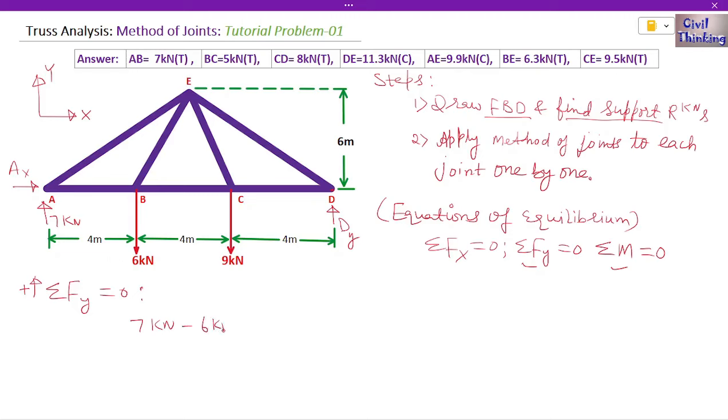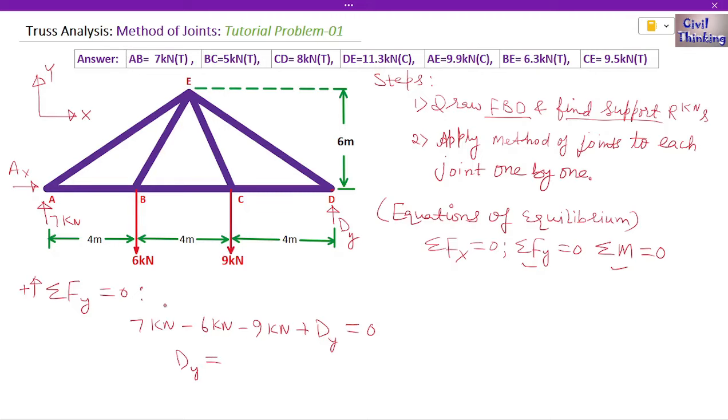Minus 6 kilonewton. Again 9 is downwards, so this is also negative. Now DY is upwards. I have assumed DY to be upwards, so it is positive. These are all the forces in the vertical direction, and we have to equate it to 0. Now from here we will get the value of DY. So from here what is going to be the value of DY?